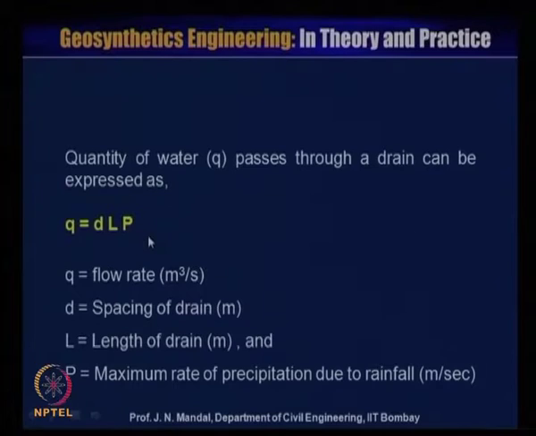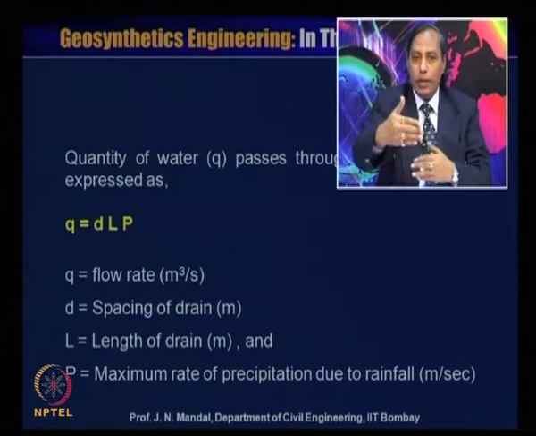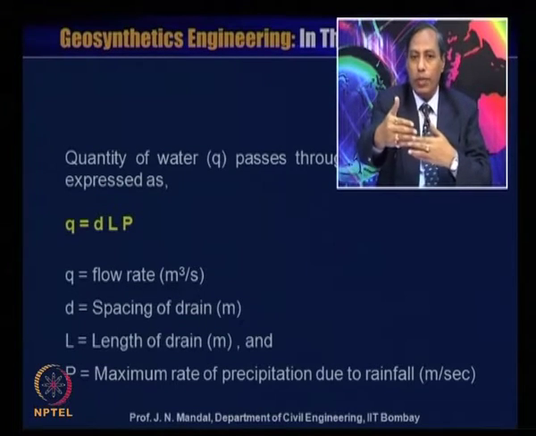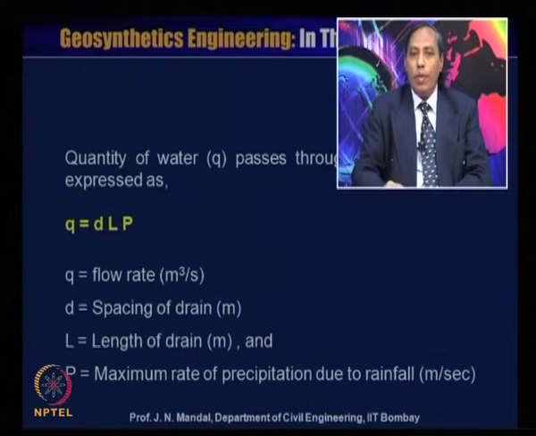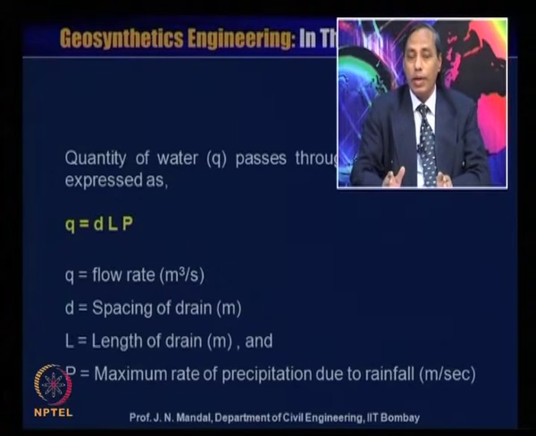L is the length of the drainage, and P is the maximum rate of precipitation due to rainfall in meters per second. This is important. Whenever you design, you should know the maximum rate of precipitation in that region due to rainfall.